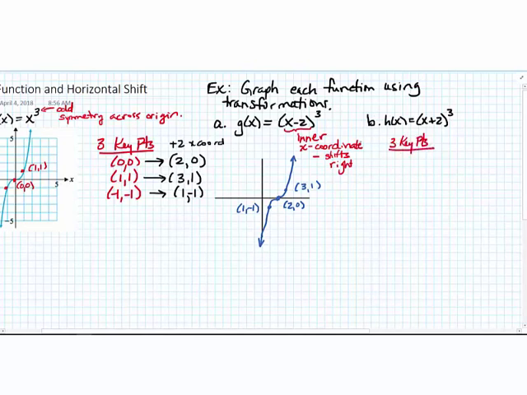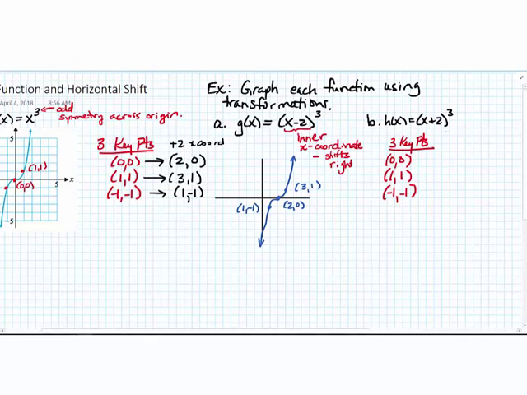It's still the same parent function that we started with, f of x equals x cubed, which contains 0, 0, 1, 1, and negative 1, negative 1. But we know that we're changing the x coordinate and we want our y coordinates to stay the same. The only thing we could plug in to get a 0 is what? Negative 2. So that's your little clue there.